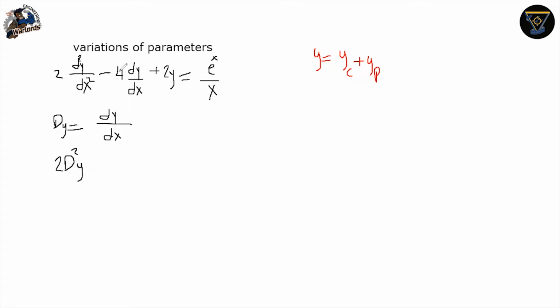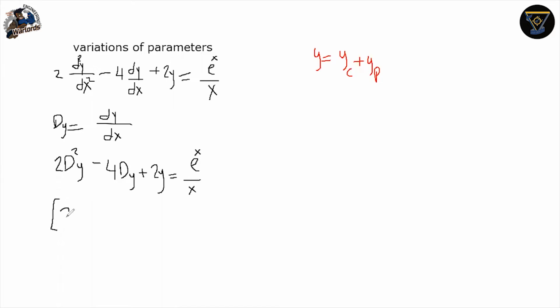Then you have a minus 4 here. And what is dy by dx? It is dy. And you have your plus 2y. And this is going to be equals to e to the x over x, right? We realize that the y's are common between everything, so we're going to factor out the y.